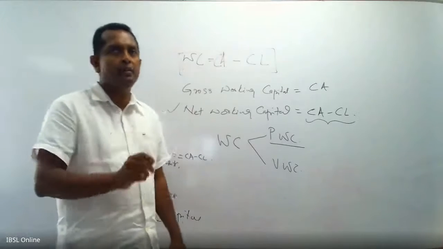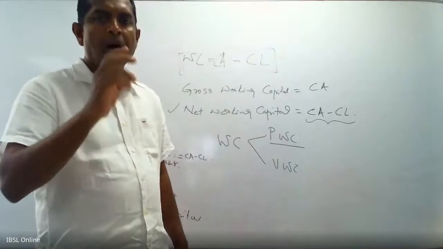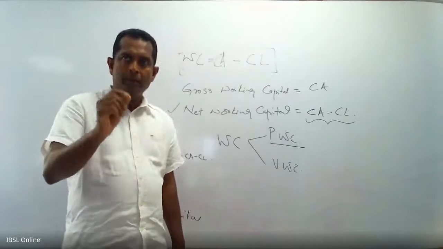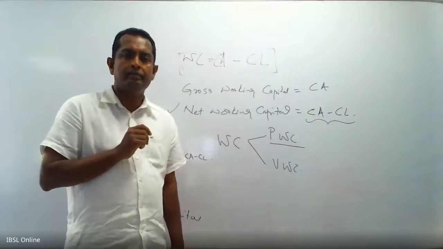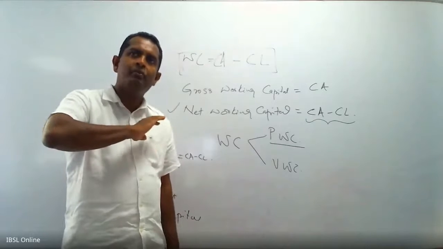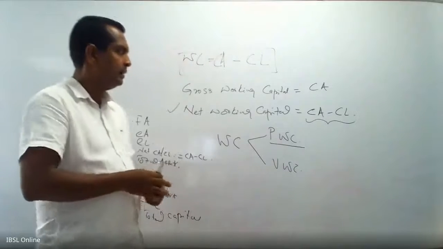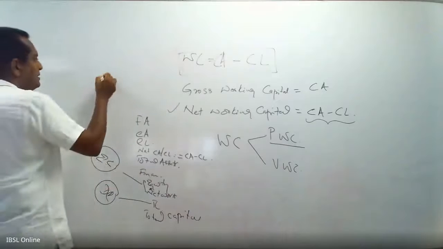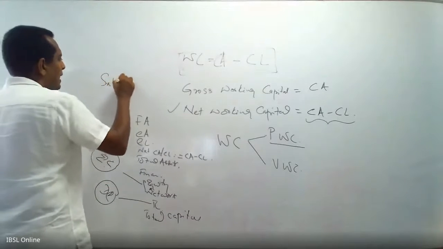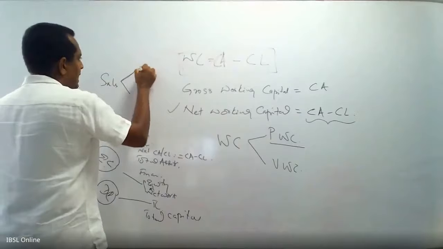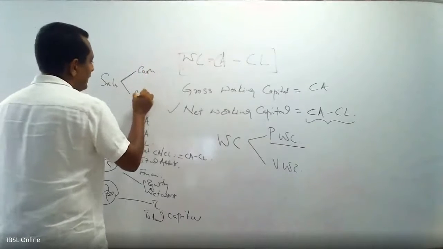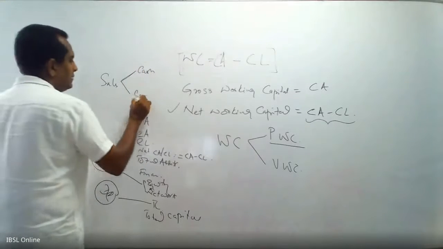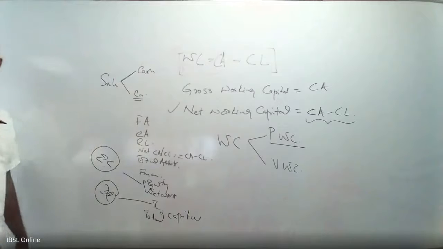Think about a distributor. You go out to the market on the first day of your sale. You go to the market and you start selling, right? When you start sales, we have two things: cash sales and credit sales. We create debtors here, right?